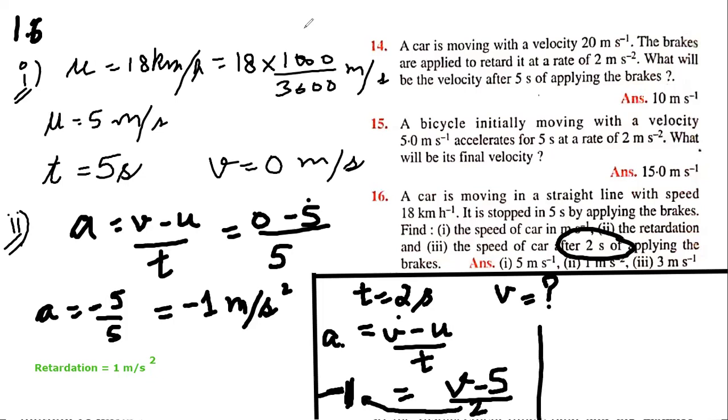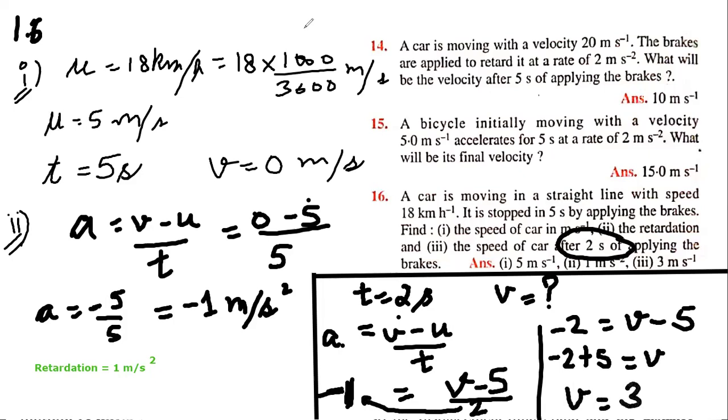It becomes minus 2 is equal to v minus 5. And now if you take this minus 5 to the left side, it becomes plus 5. Excellent. So v will be equal to 5 minus 2, 3 meters per second.